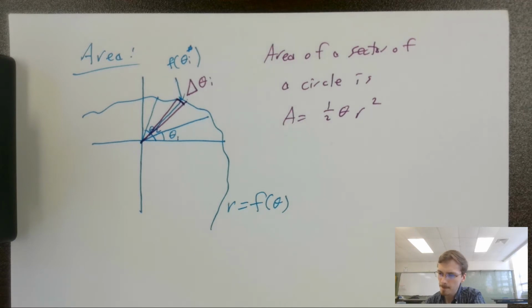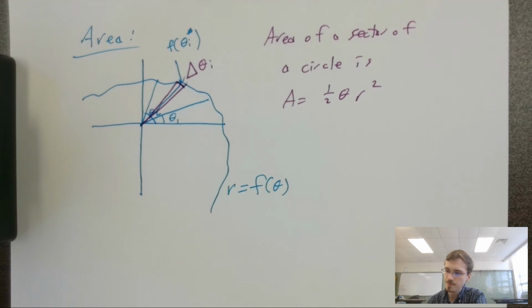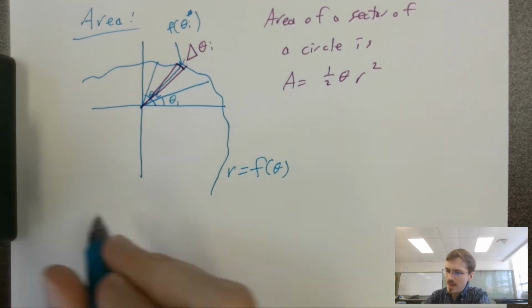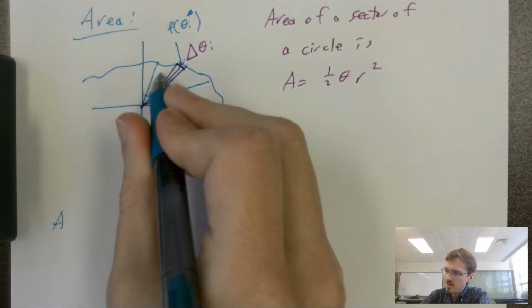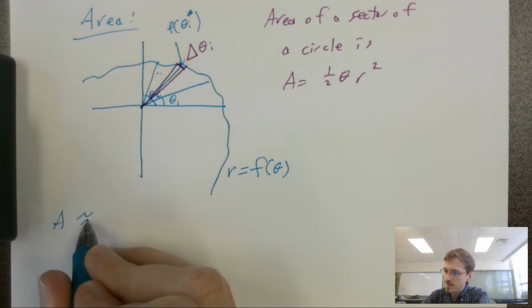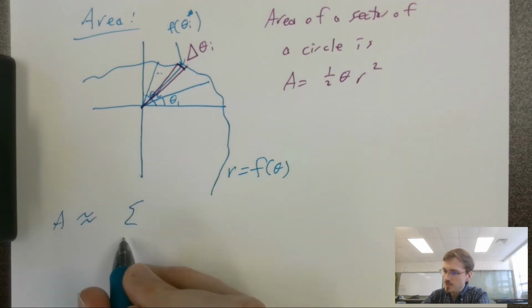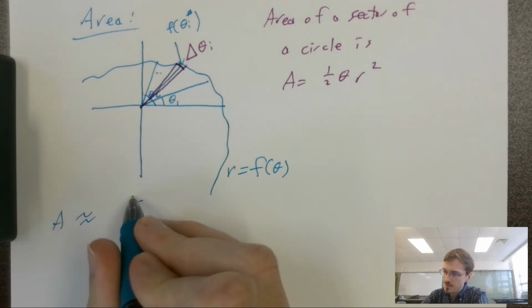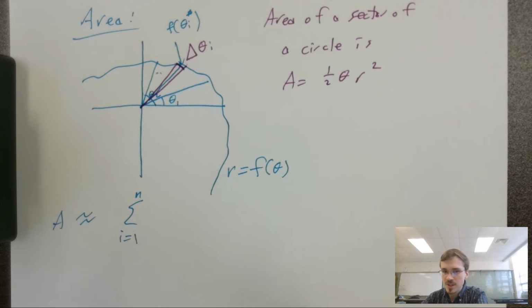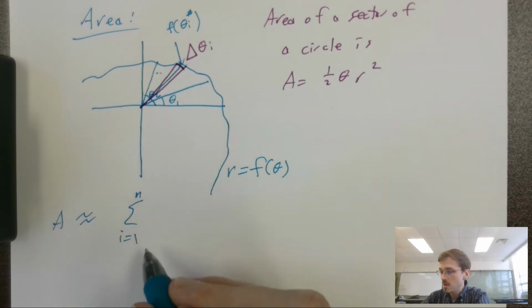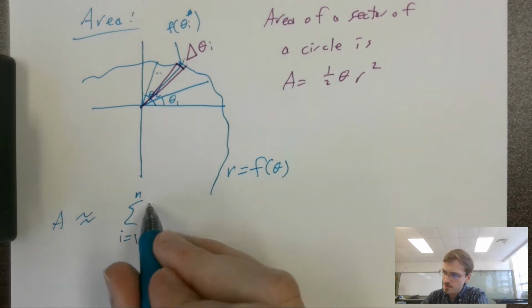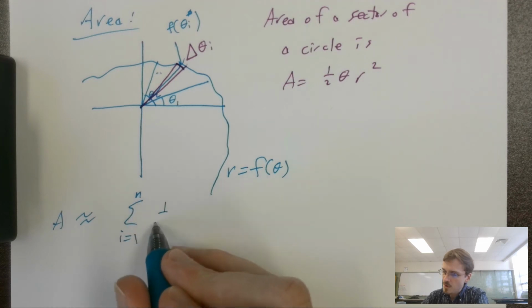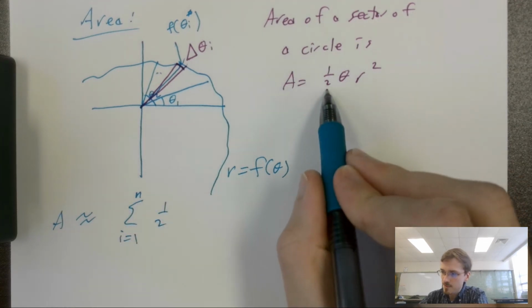Yeah? So now what can we do? We know that the area of my entire region that I want is approximately equal to if we add up the areas of these individual little sectors of circles. So that's the sum of all of my sectors, so from 1 to n, of 1/2.